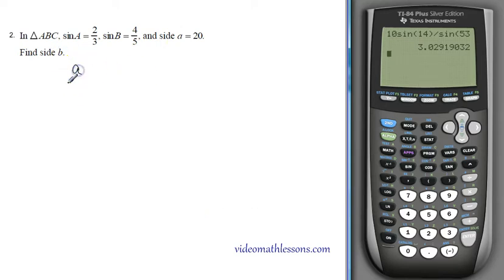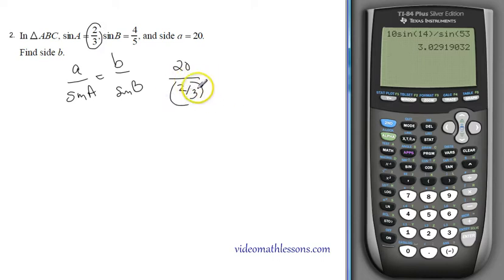Now remember this, it was A over sine A equals B over sine B. So it's 20 over sine of A. They already did the sine of A. It's 2/3. You do not write the word sine. You do not use the function sine anymore. It's already calculated for you. Whatever it is, it's 2/3 equals B, which we don't know, over 4/5.